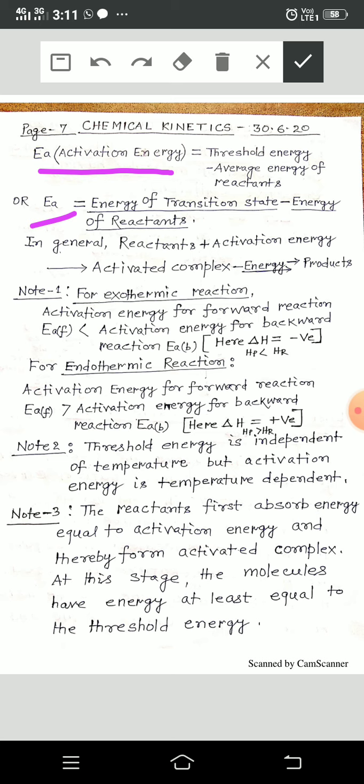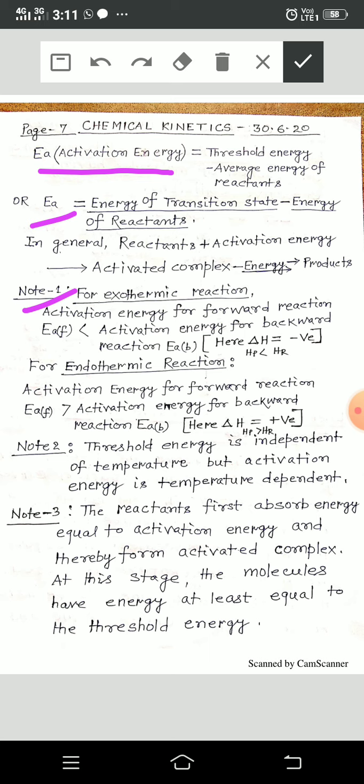Note number 1: for exothermic reactions, activation energy for the forward reaction, that is EAF, is less than activation energy for the backward reaction, and for endothermic reactions, activation energy for the forward reaction is greater than for the backward reaction.